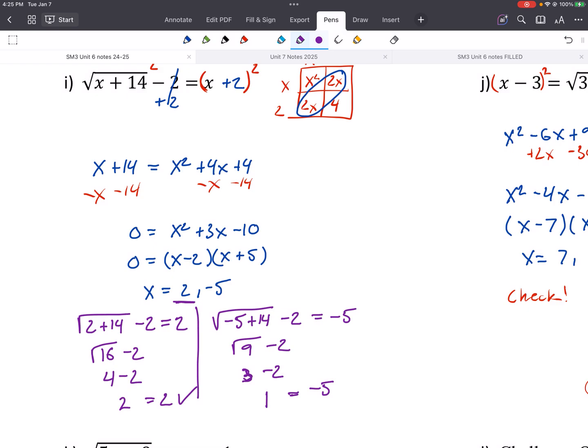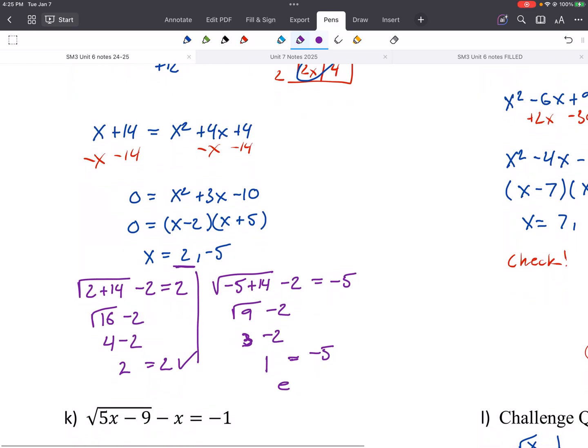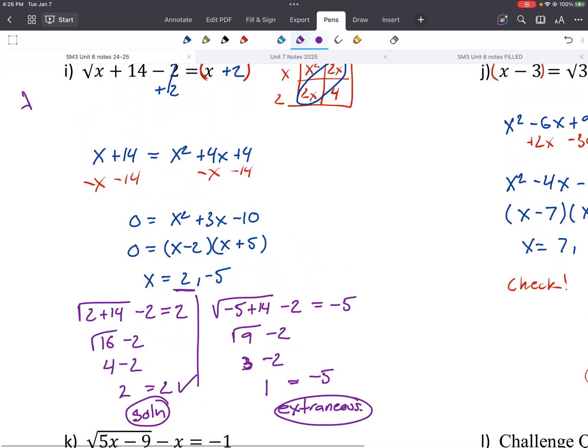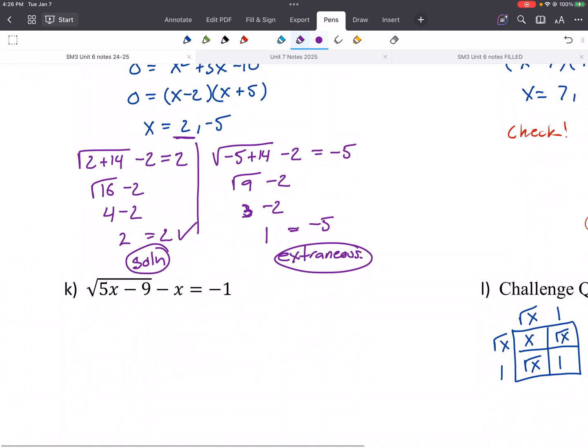Does it look good? Yeah, so this would be extraneous. I'll have to double check. It makes me nervous. I have my filled in notes here, and it's not matching what I did before, so I'll have to go and double check that one, okay? Check that, Mr. Warner. All right, last example.